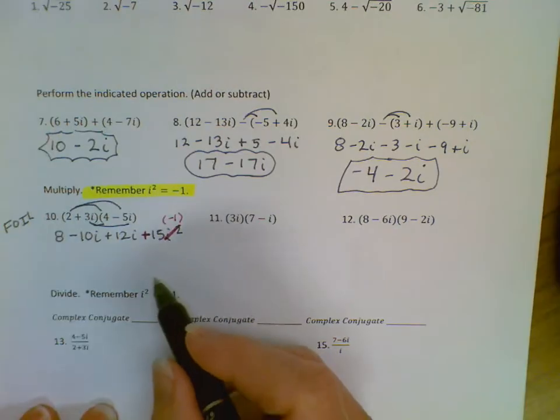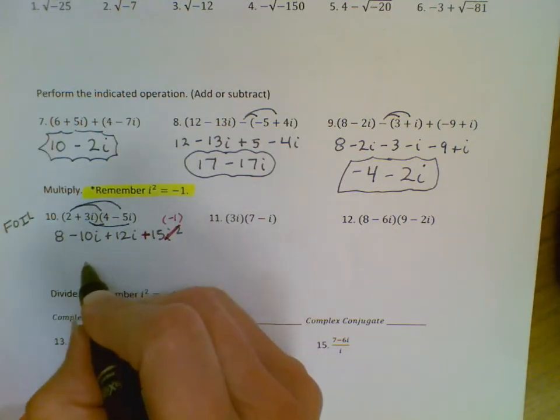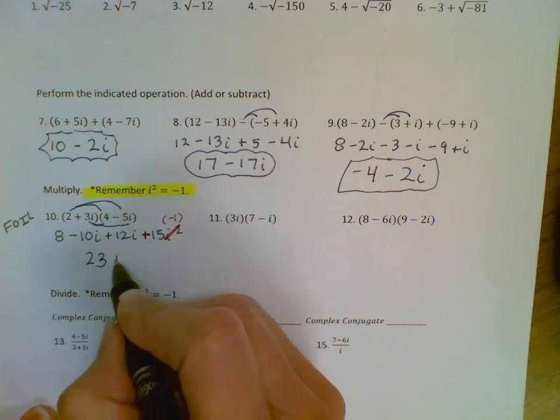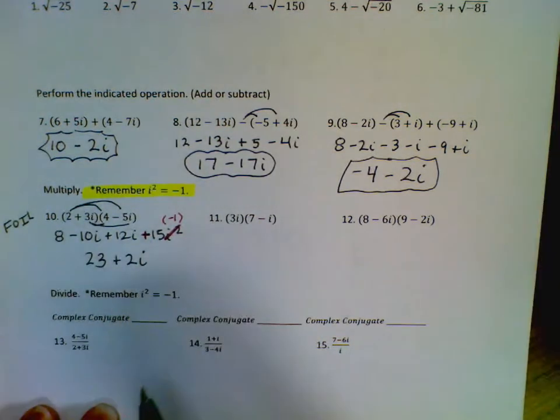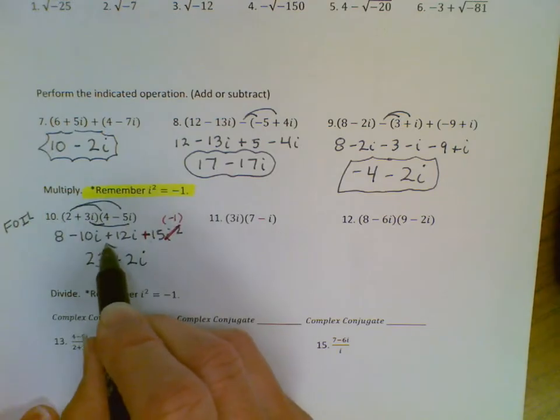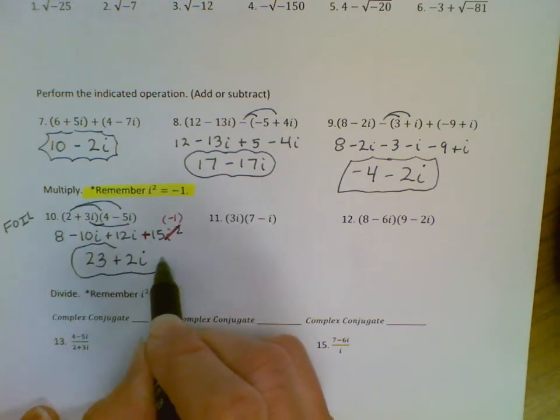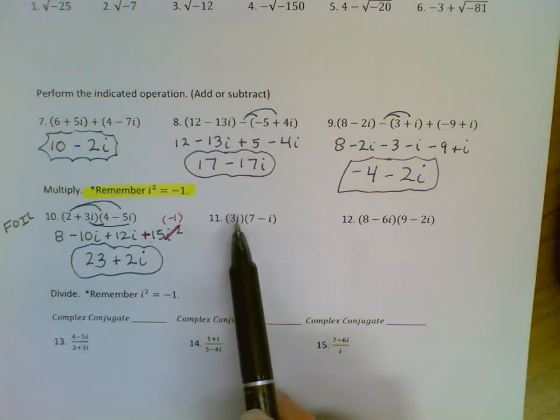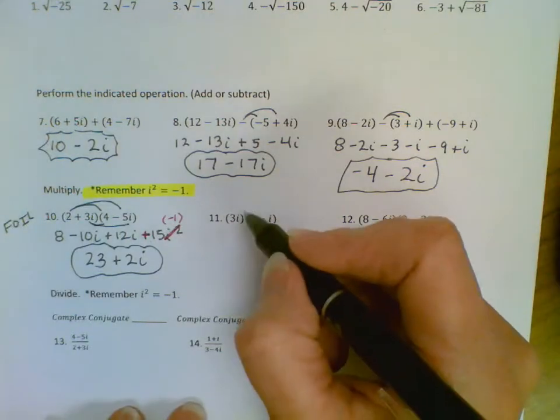So now when I combine like terms, I'm going to get 23 for my real part. That's 8 plus 15, and then 2i for my imaginary part. So that's as simple as I can get my FOIL. Now number 11, we're not really foiling because it just has a single term there, but I do have to distribute.